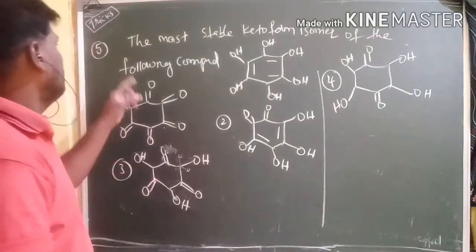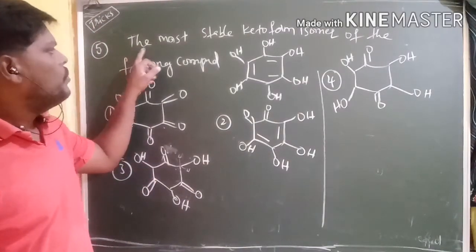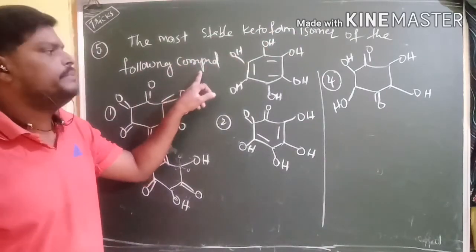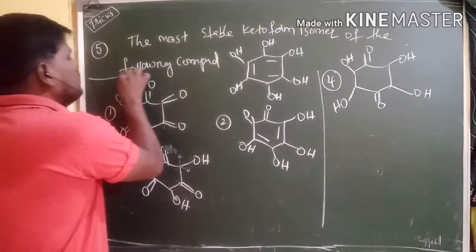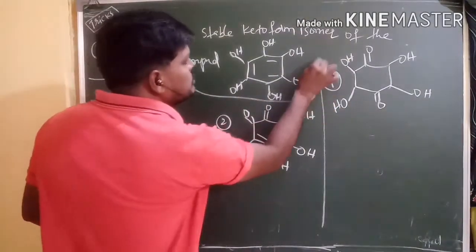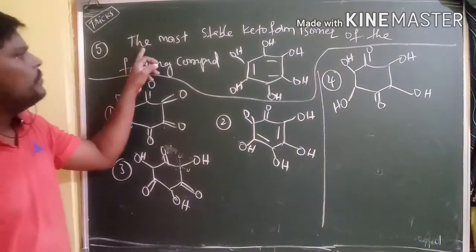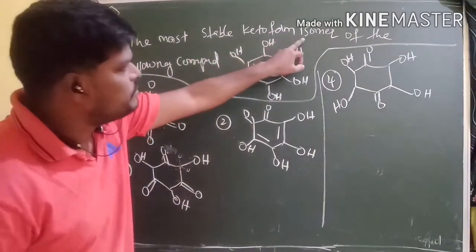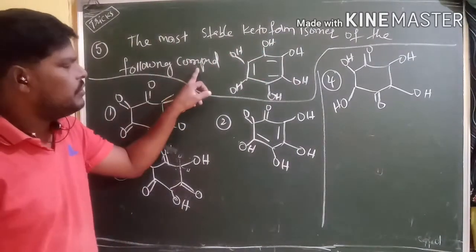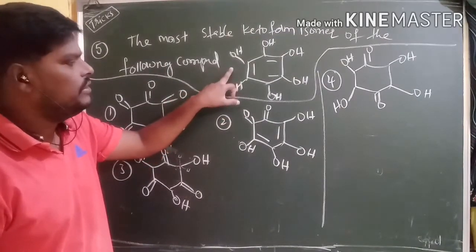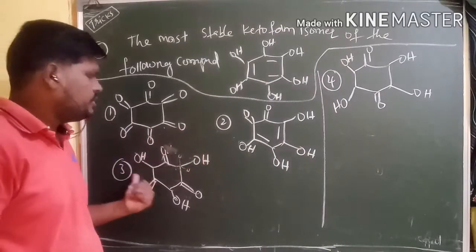Next, 5th question. The most stable keto form isomer of the following compound. This is the question, sir. What is the question? The most stable keto form isomer of the following compound. The following compound means this is our compound, and there are options 1, 2, 3, 4.